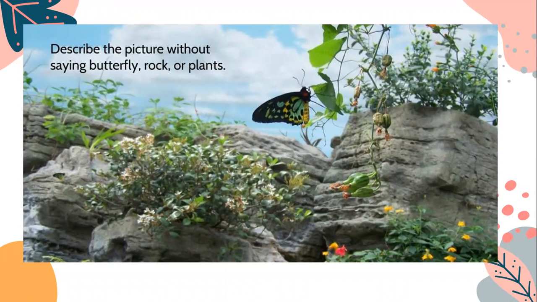All right. So this Monday, I'm going to start with this. So keep this work ready. You're going to describe this picture without saying butterfly, rock, or plants. Let's see how creative and unique your descriptions can get.